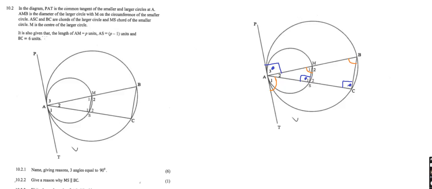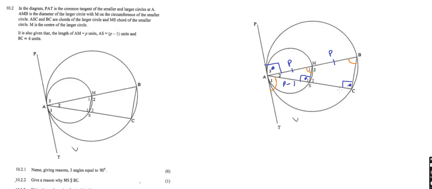It is also given that the length of AM is P units, so AM is P, but M is the center, so this is P, that is also P. So they also say to us that AS is P minus 1, so this is going to be P minus 1 here.